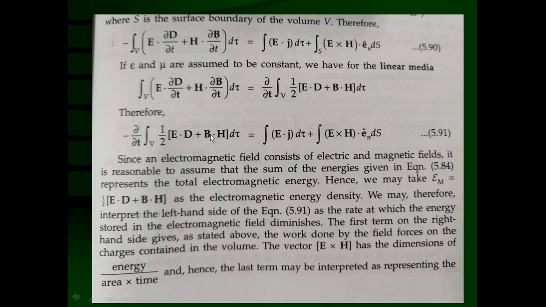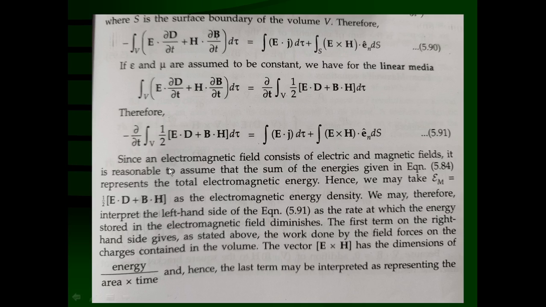So this is the volume integration of something d tau. That means 1 half E dot D plus B dot H is nothing but the electromagnetic energy density, energy per unit volume, just like charge per unit volume, rho. Here it is energy per unit volume in an electromagnetic field within that volume.